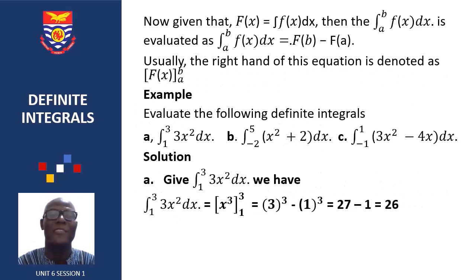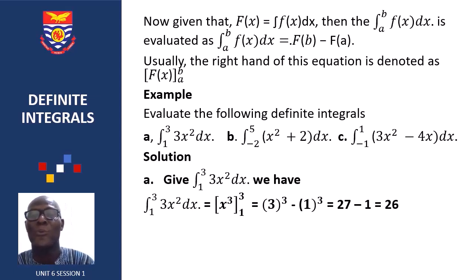Definite integrals. If you are given the function capital F of x, which equals the integral f of x dx, then the definite integral is evaluated as the lower limit a, upper limit b, f of x dx, which equals capital F of b minus capital F of a.